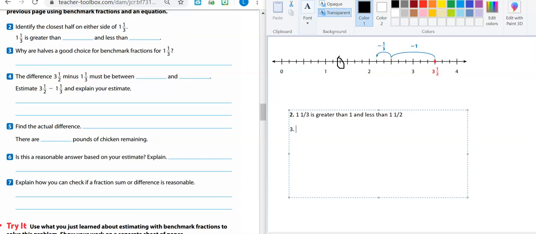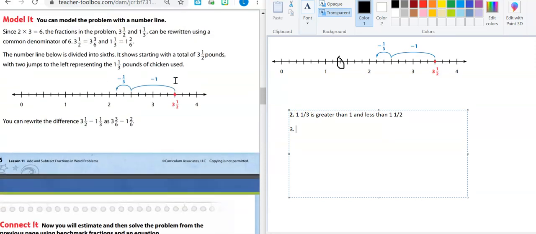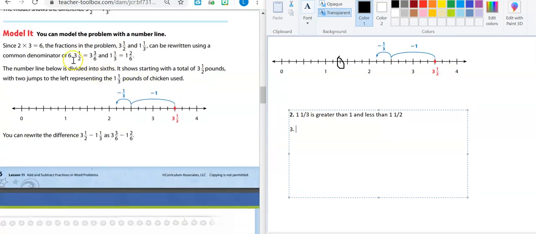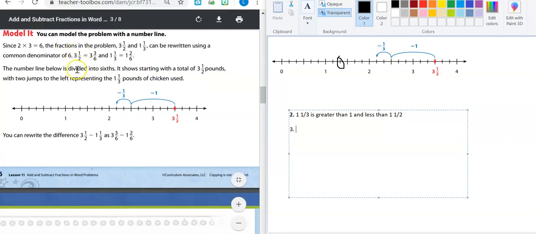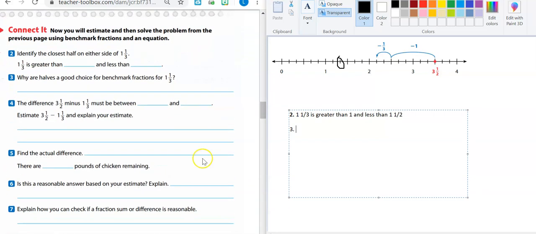Let's move on to 3. Why are halves a good choice for benchmark fractions for 1 and 1/3? Halves are a good choice because, again, in our previous problem, we were subtracting 3.5. So it is a good choice for us to use halves when we are looking at benchmark fractions.